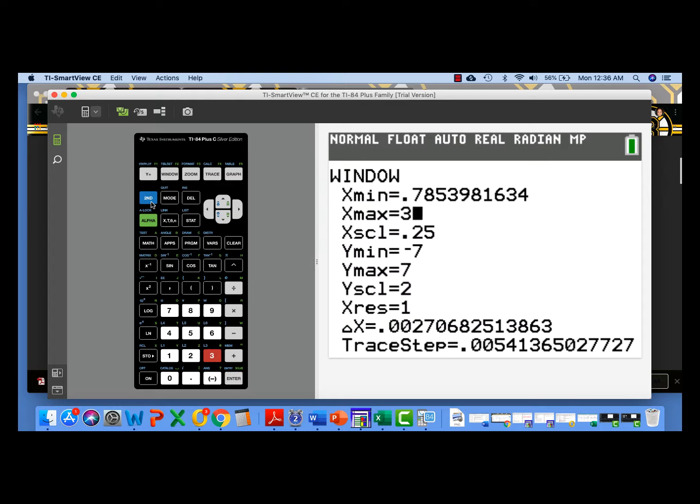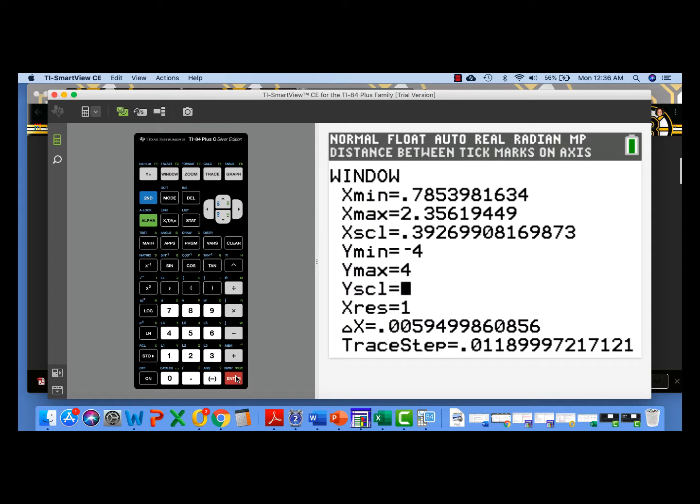I'm going to choose 3 pi divided by 4. And we're doing this at a scale of pi over 8. So I'm going to put in pi over 8 for my scale, for my x-axis. And my y-min is going to be -4. And my y-max is going to be +4.